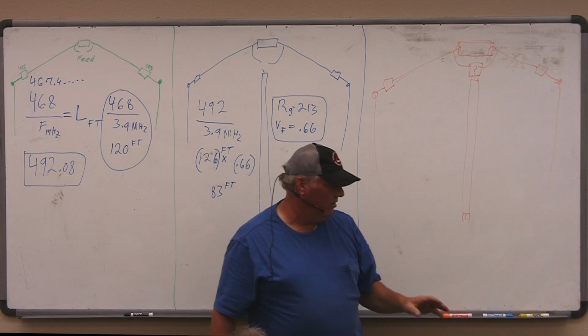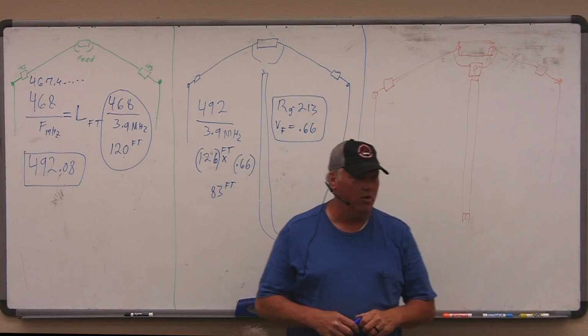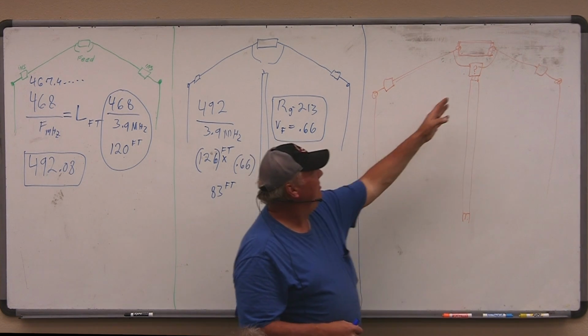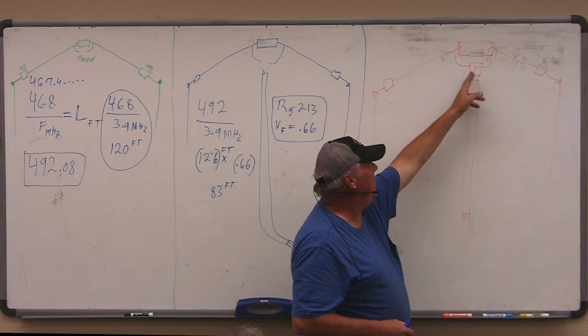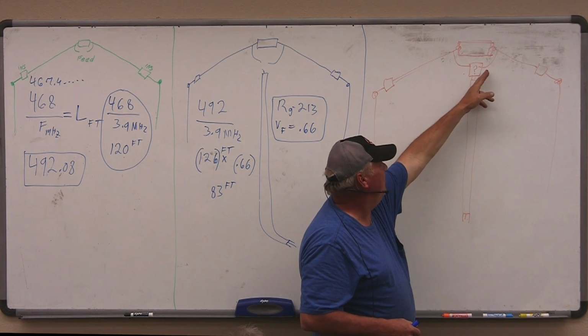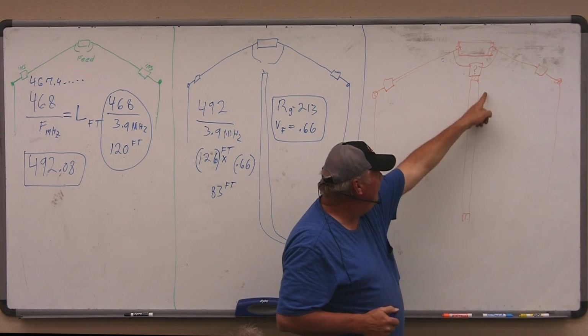So you want your balun to have what's called a high common mode impedance, so that if a signal tries to come down here that's the same, it's the same signal, they're both in phase, that thing will cancel it and keep it from coming down here.